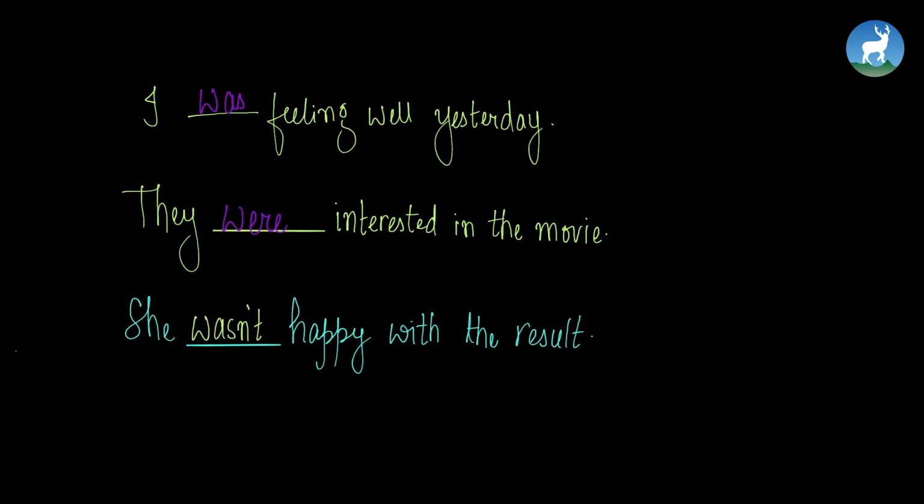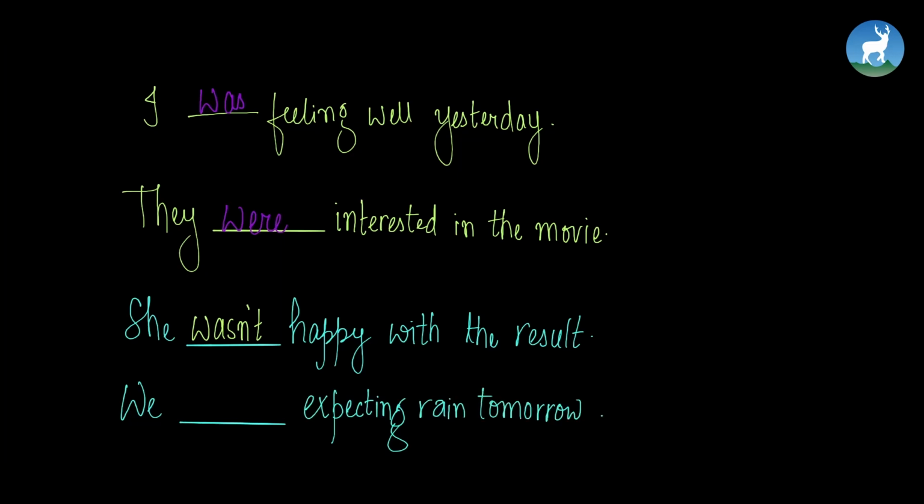She wasn't happy with the result. Now, one more example. We dash expecting rain tomorrow. What form of negation should we use here now? Yes, we use weren't. We weren't expecting rain tomorrow. Great job, everyone. Keep practicing and soon it'll become your second nature.